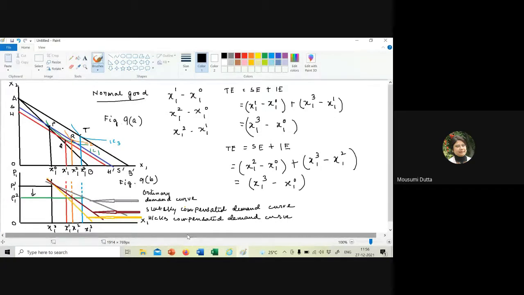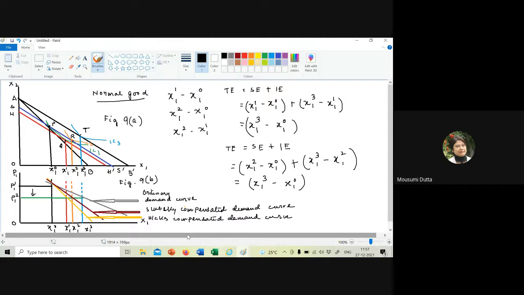So if X1 is an inferior good and I have more money in my hand, after the substitution effect my shift to the right will be lesser because I have more money. Therefore, this is an inferior good. And when I have lesser money, and the concerned commodity is a normal good, as OS is greater than OH, there will be some extra consumption of X1.